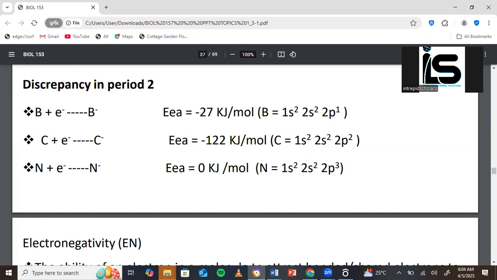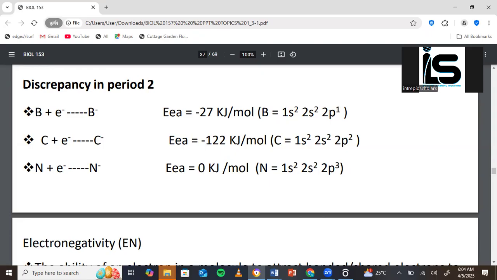So the significance of these figures is that if we have a higher negative, it means you are getting a more stable product. That is more preferred. If you are getting a lower value, it means it's not very preferred.